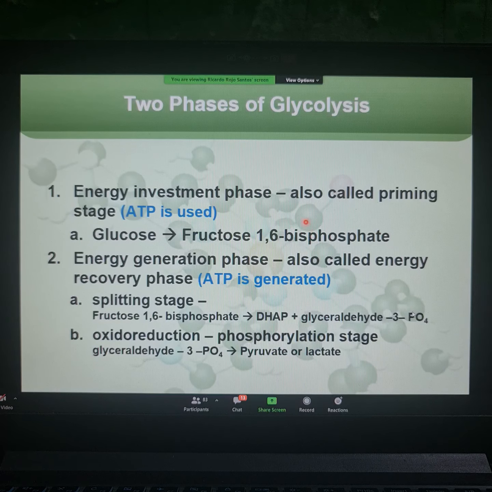Okay, let me clarify this. Is it correct to say diphosphate, fructose diphosphate, or is it better termed bisphosphate? Well, you see, before, we did not mind at all, okay? Because there are two phosphate groups attached to carbon 1 and attached to carbon 6. Now, usually, when do we call it diphosphate or triphosphate?